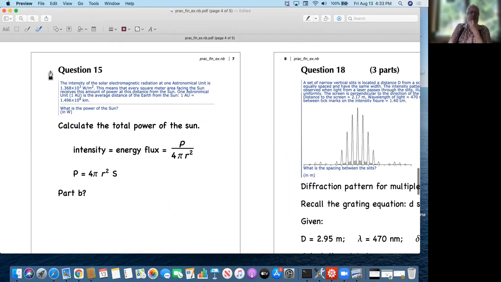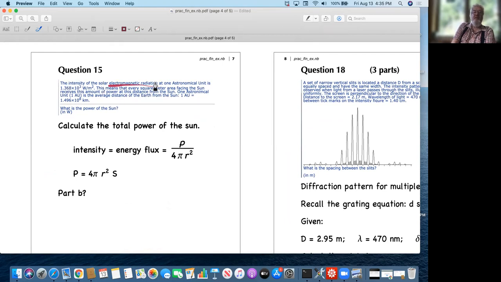All right, now question 15. This is going on towards the end of the semester. It has to do with electromagnetic radiation, so it'll be something about electromagnetic waves.